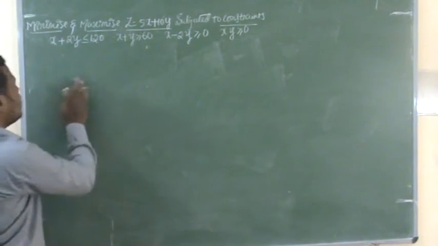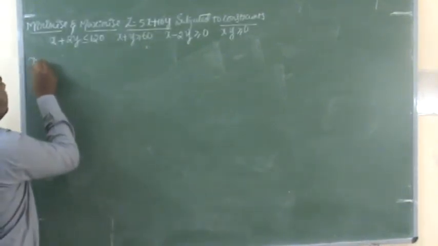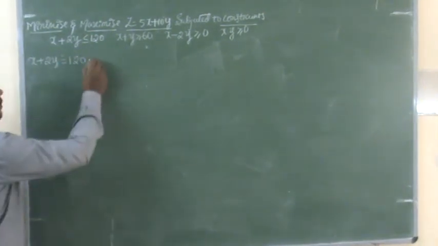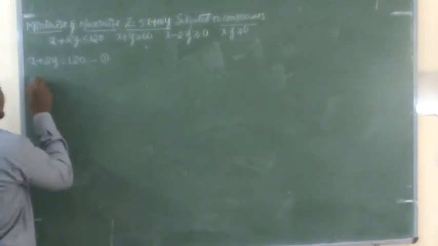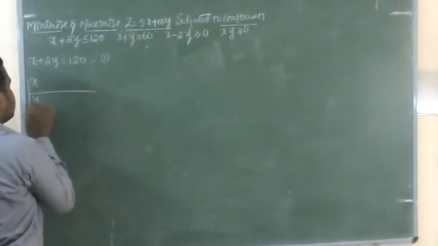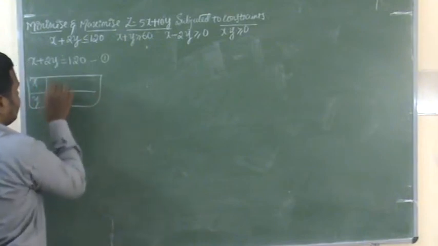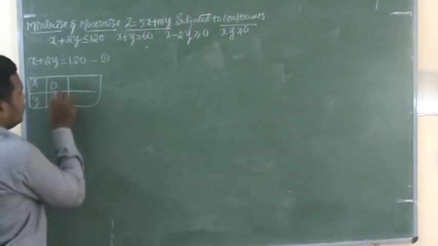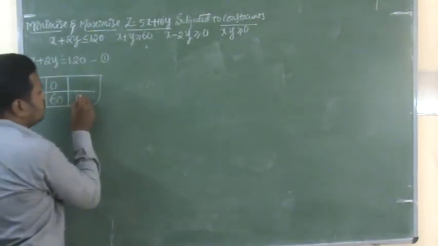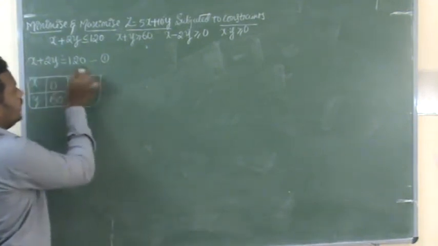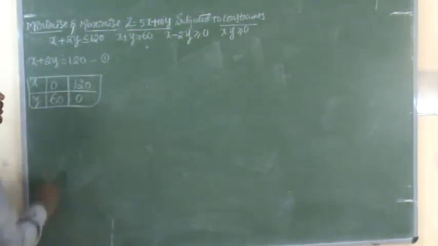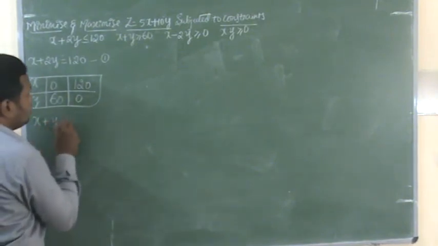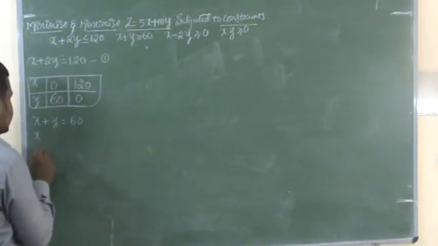Now to solve, x plus 2y is equal to 120. This is equation number 1. When x is equal to 0, y value is 60. When y is equal to 0, x value is 120. For the second equation, x plus y is equal to 60.